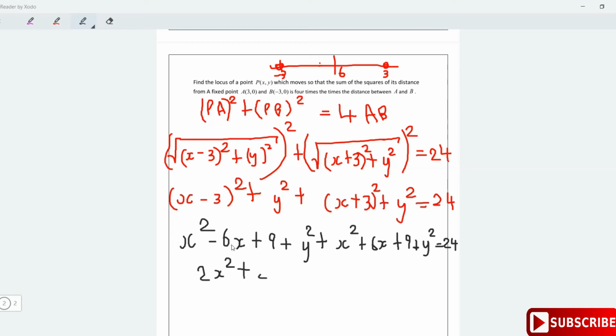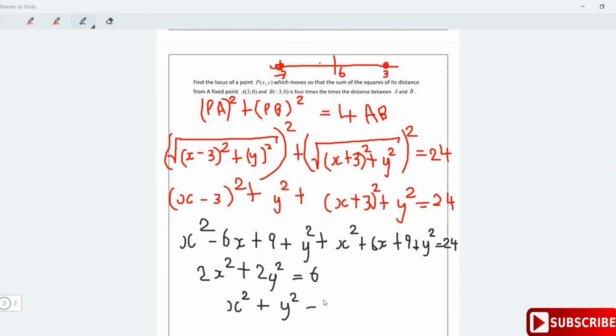And then minus 6x plus 6x cancel each other. 9 plus 9 is 18. Bring over the 18 to the other side. And 24 minus 18 is 6. So we divide through by 2 to get x squared plus y squared equal to 3.